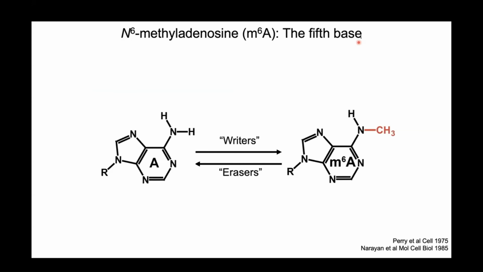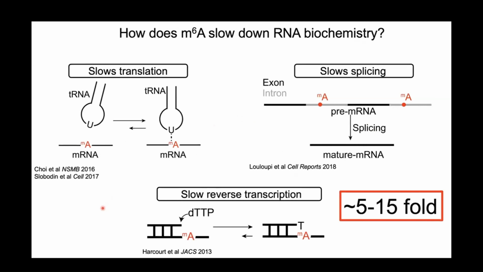Now, for the most part, if we look at the various activities that have been associated with modifications, we find that in most cases, this modification is recognized by specific reader proteins that bind this methylated m6A.